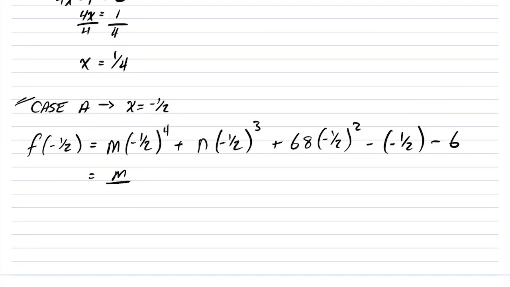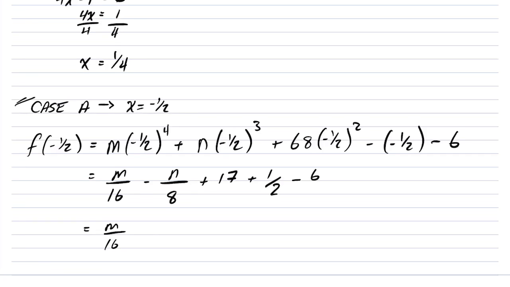So we got m over 2 times 2 is 4, times 8 is 16, plus n over, sorry, that's going to be a minus, n over 8. This is going to be 68 divided by 4, 17. It's going to be a plus 1/2. And then minus 6.